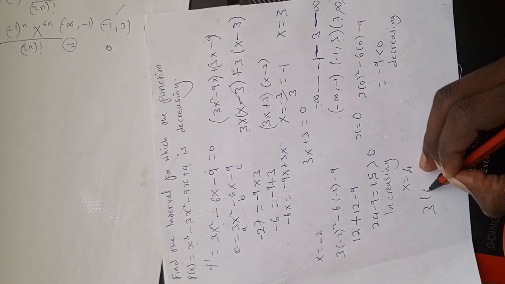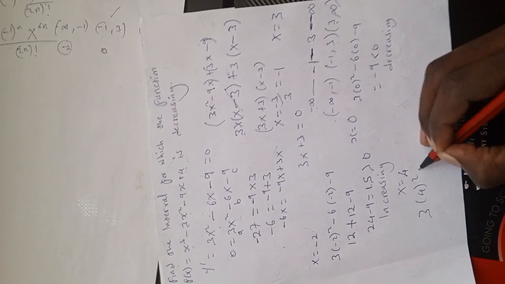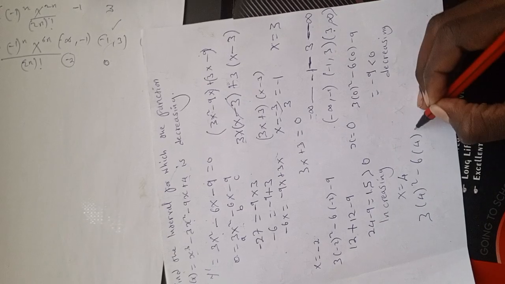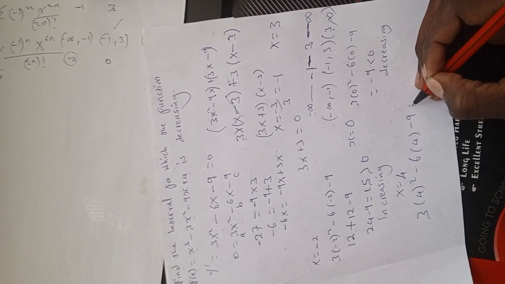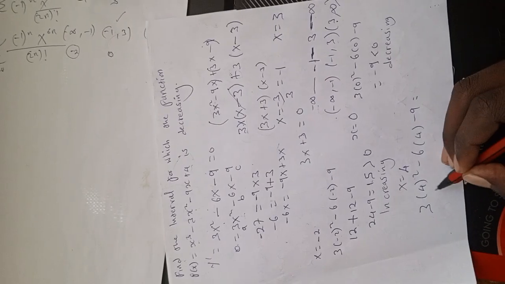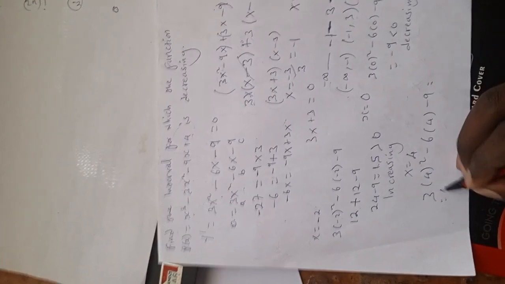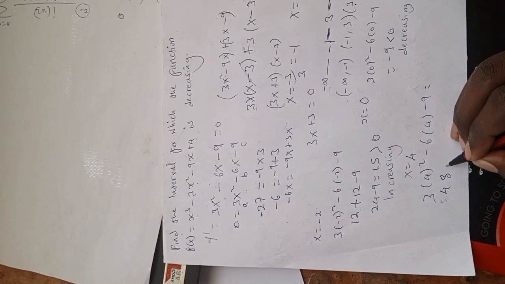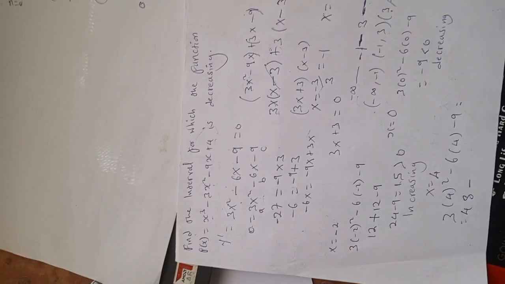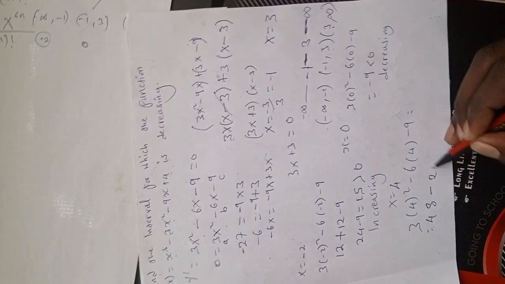We are going to have 3 multiplied by 4 squared, less 6 times 4, minus 9. Then we have to find the answer for this. 4 squared is 16, multiplied by 3, we get 48 for the first part. Less 6 multiplied by 4, that is 24.